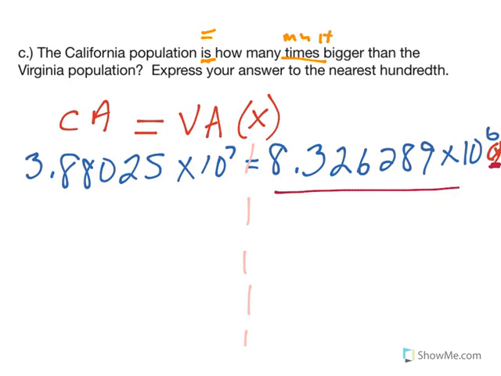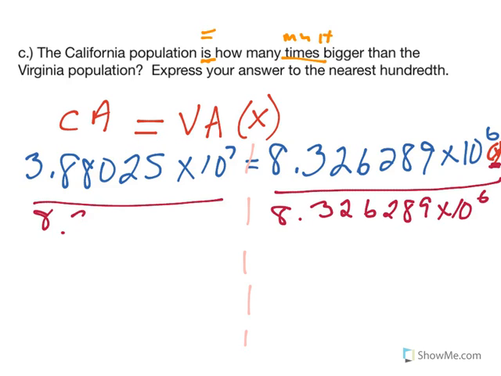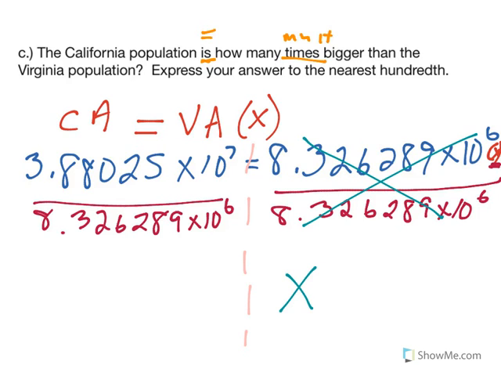So we really want to divide both sides by the population of Virginia. Because on the right-hand side, these will cancel out, right? When you take a number, let's just say 4 for easy figuring, 4 divided by 4 is 1. So if that cancels out, that leaves me with just 1 x, because I have that red x there, right?